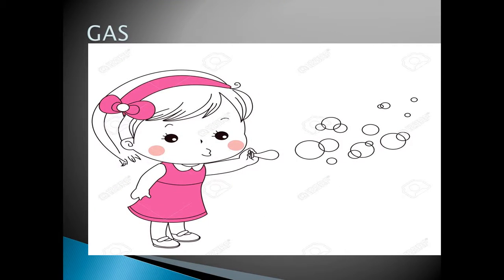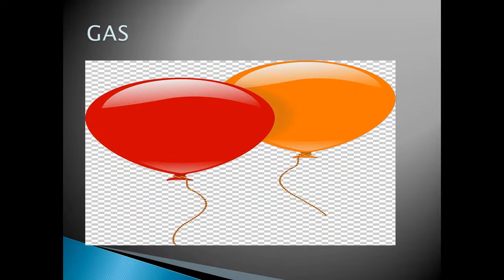Let's go to the third state of matter. What is the third state of matter? Yes, excellent. Gas. Like all matter, gas takes up space and has mass. But gas is the only state of matter that fills all the space of its container.